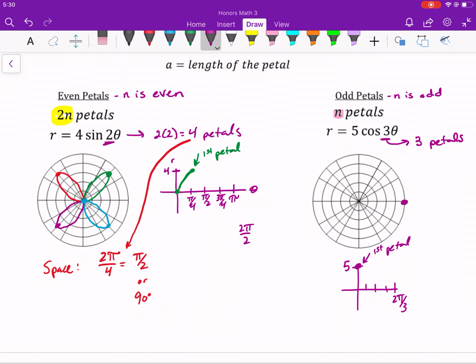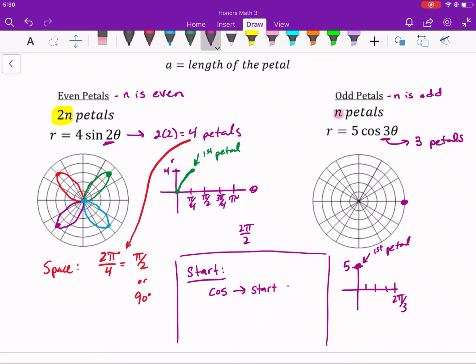In fact, this is where I'm going to take a pause before we finish this. I want to take a moment to talk about where to start every time. If we're using cosine, you will always start at 0. And that's because we always start on the maximum. Now sine doesn't always start at the maximum.